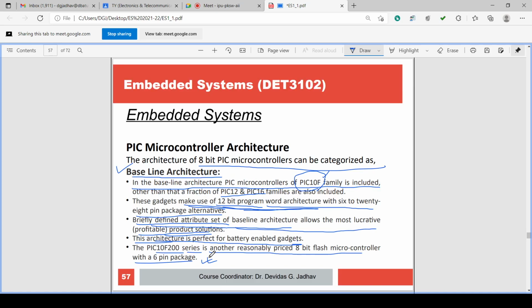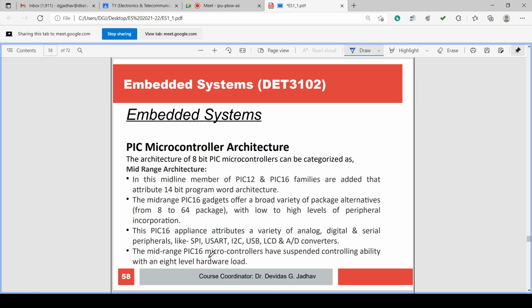In the case of baseline, it is 12-bit program word architecture. In the case of mid-range architecture, it is 14-bit program word architecture.